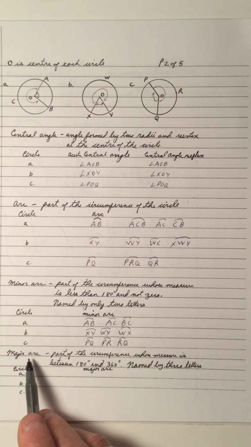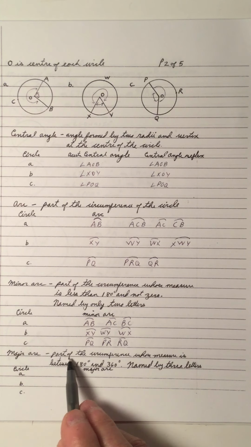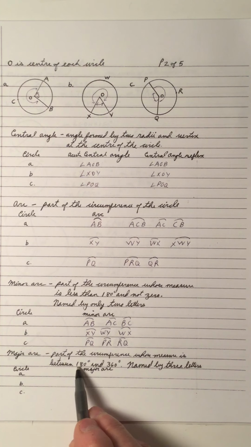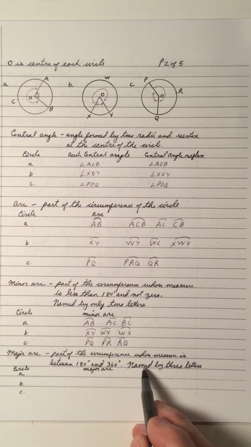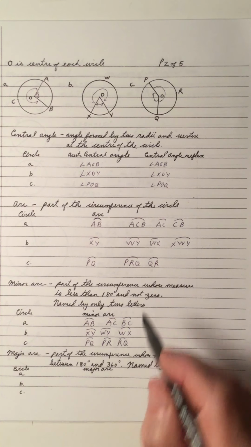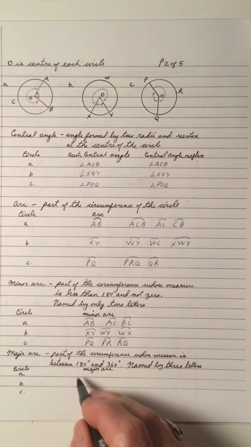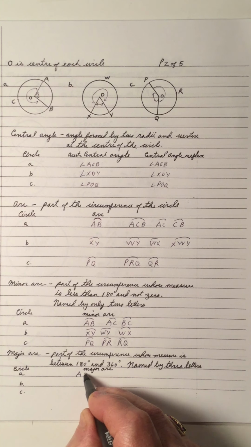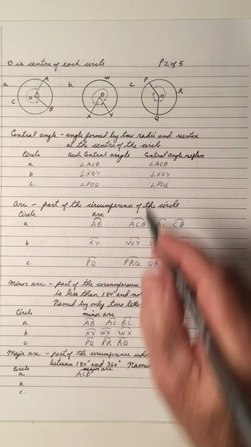Anyway, a minor arc is less than 180. A major arc is part of the circumference whose measure is between 180 and 360. And we name a major arc with three letters. So in circle A, a major arc would be ACB, three letters.